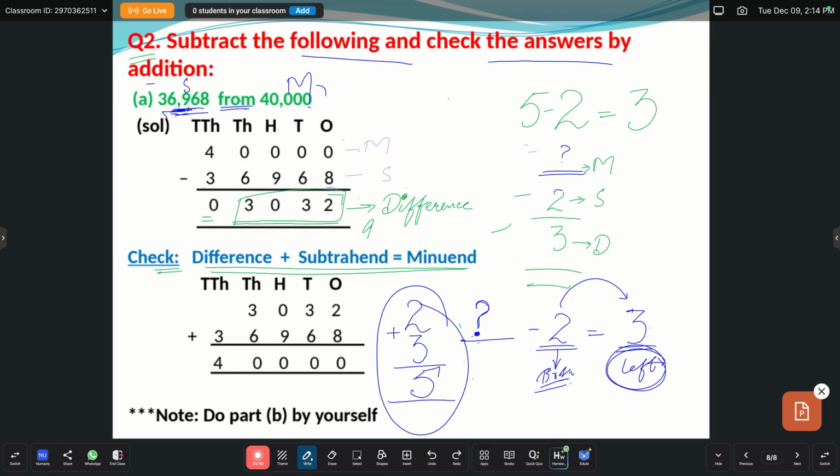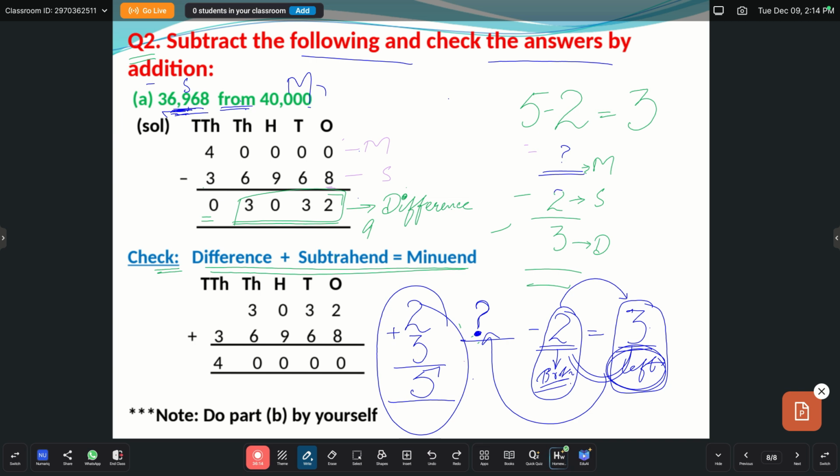So if you forgot how many apples you were having in the beginning, you will think, these are the taken away apples and these are the left ones. If I add these 2, I will get the total number of apples that I was having in the beginning. We will use the same concept here.